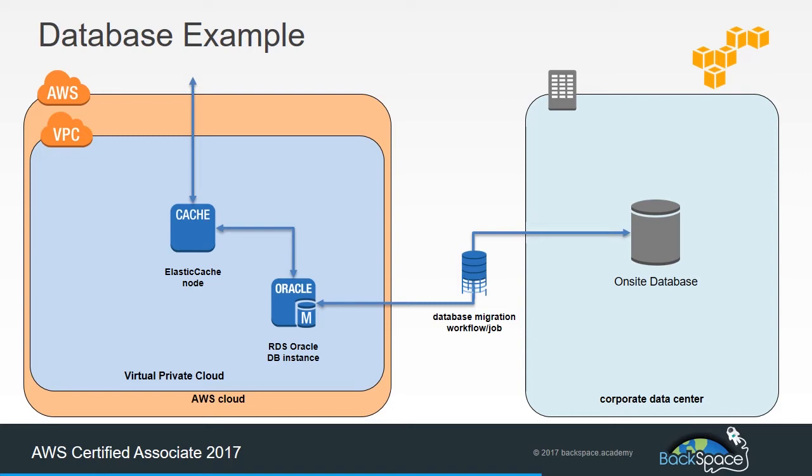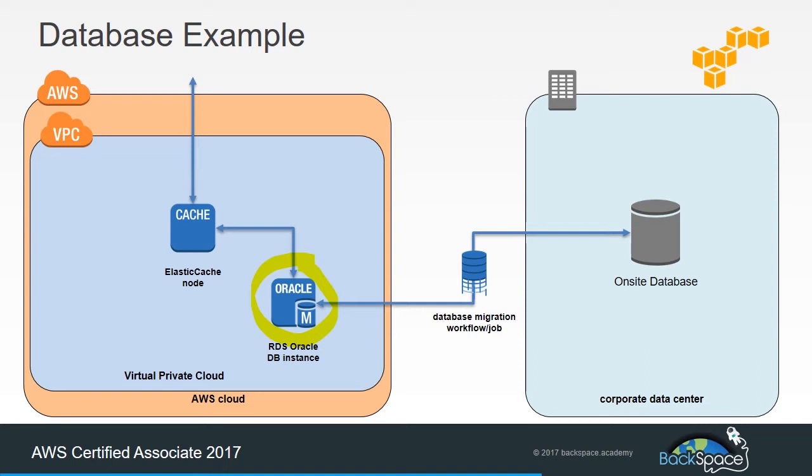Now, if we wanted to migrate our database from our corporate data center to Amazon RDS, then the first thing we would do is launch an RDS instance inside of our VPC. And so here we can see we've got an RDS Oracle instance.